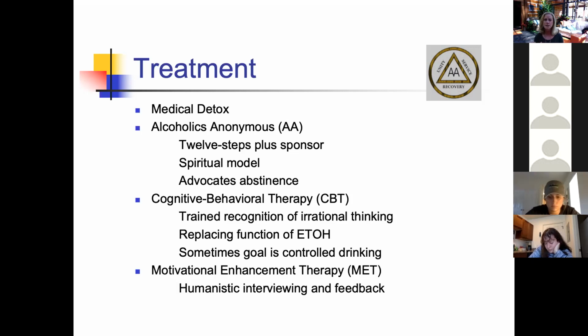And so what that does is that gives social support. Everybody has a sponsor, they've got somebody that they can call 24/7, particularly when they're craving and they want to go use or they want to go drink. And that person is supposed to kind of talk you off the ledge and help you remain sober.